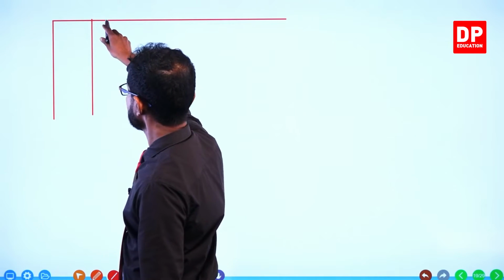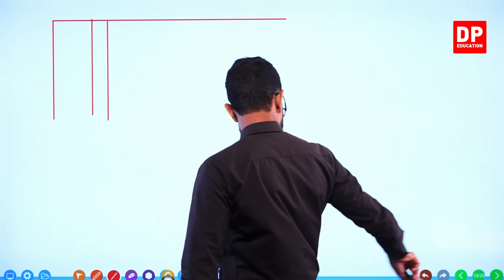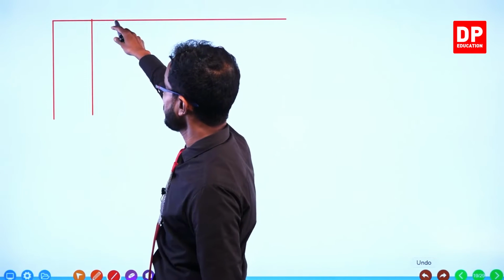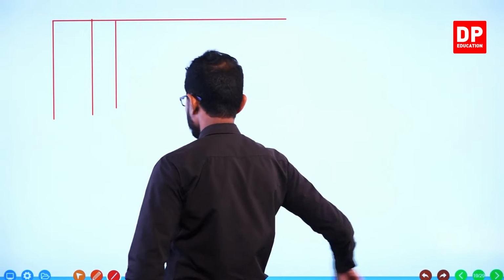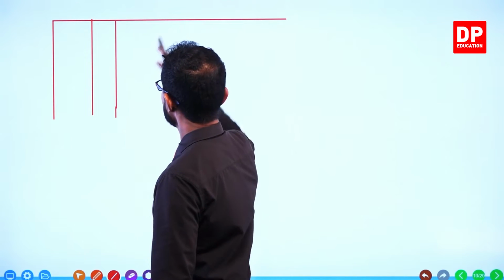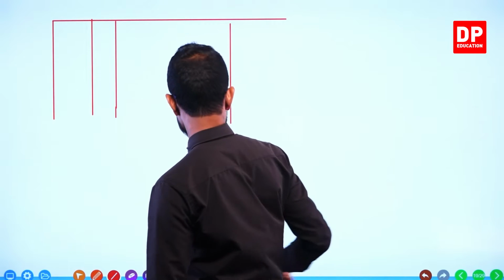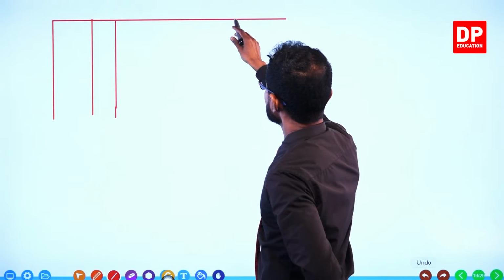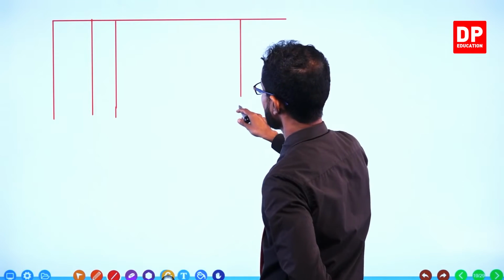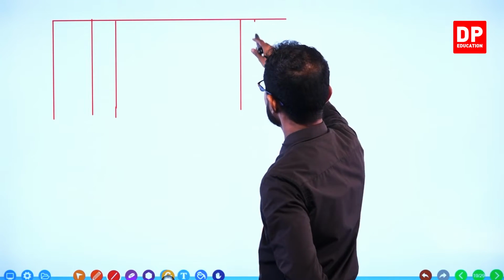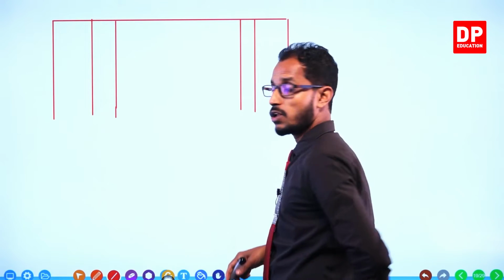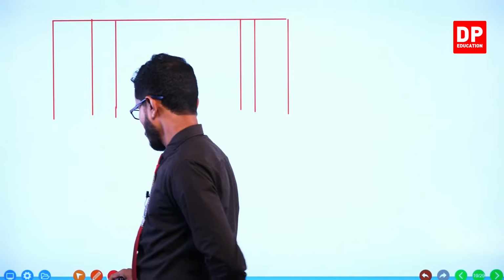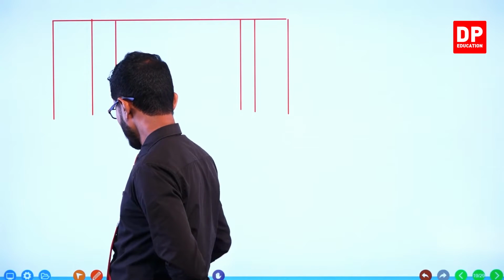Date column, invoice number column, description column or the customer name column, ledger page column, then the amount column.